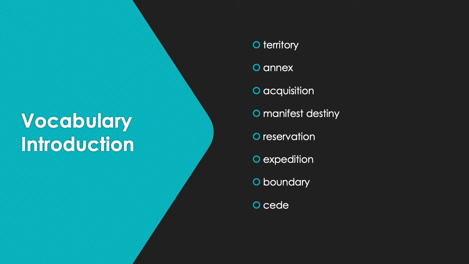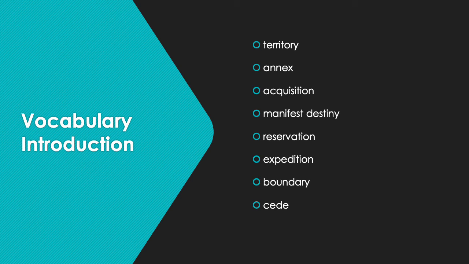So again, don't panic. And speaking of terms that we need to probably be familiar with, these are the vocabulary terms that you're going to be adding to your repertoire or to what you already learned so far this year in social studies. You've learned a lot of new terms, and these ones are specifically very, very important as we continue through this unit.